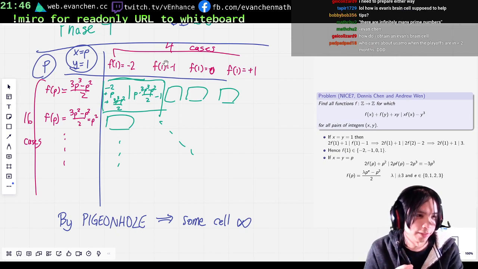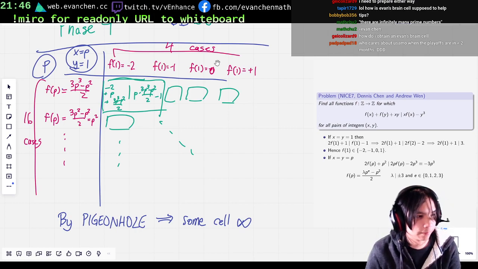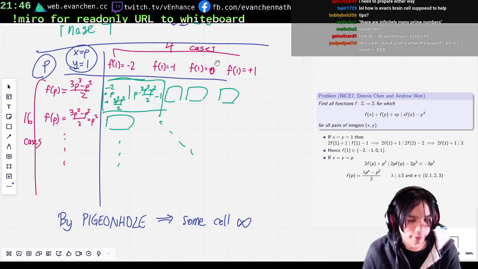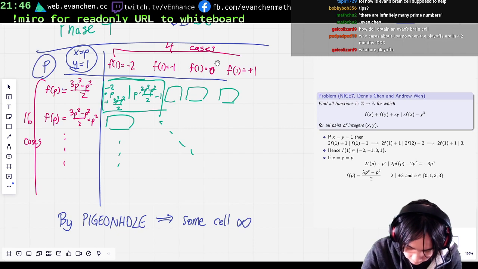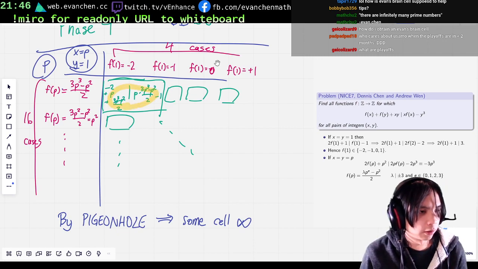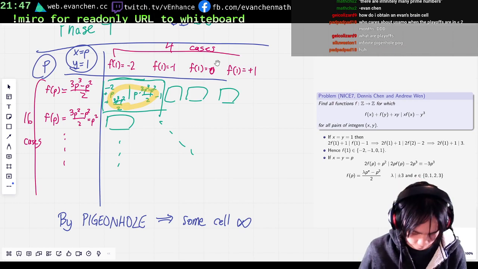One of the 64 cells has a lot of primes in it. Let's say I was told that this cell happened infinitely often. If that's true, I can view this as a polynomial in p.